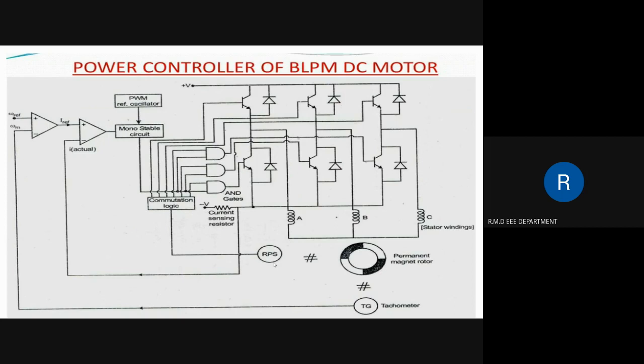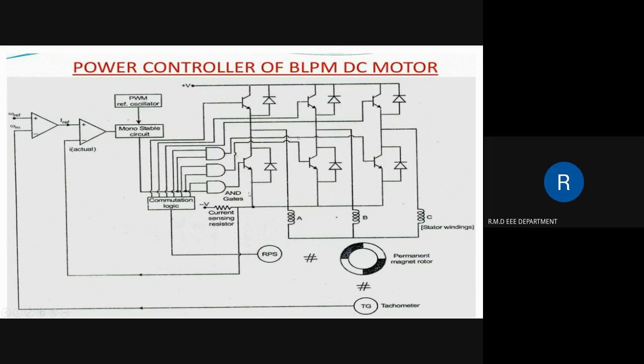With respect to the power circuit of the brushless permanent magnet square wave DC motor, it consists of 6 switches that are connected in a bridge configuration across the DC supply. A shunt resistor R is connected in series to get the current feedback signal.